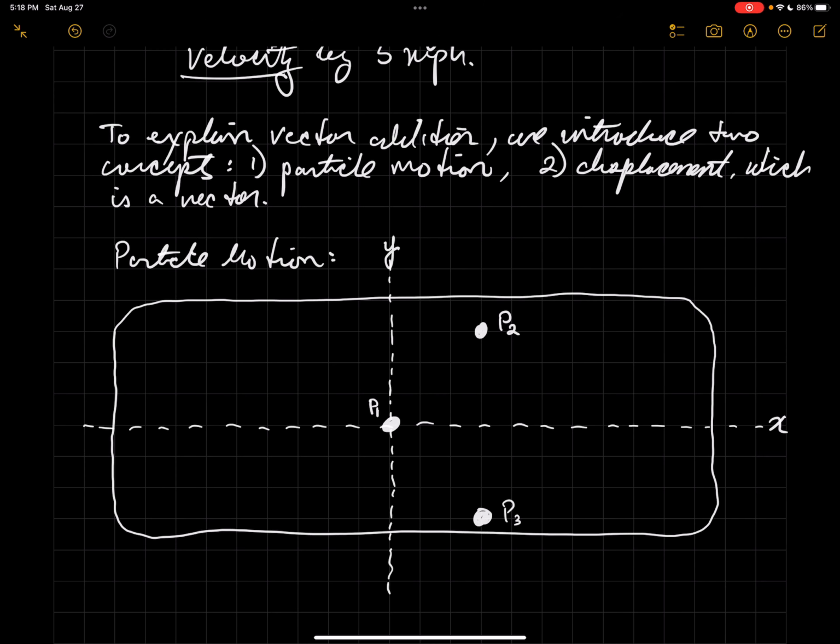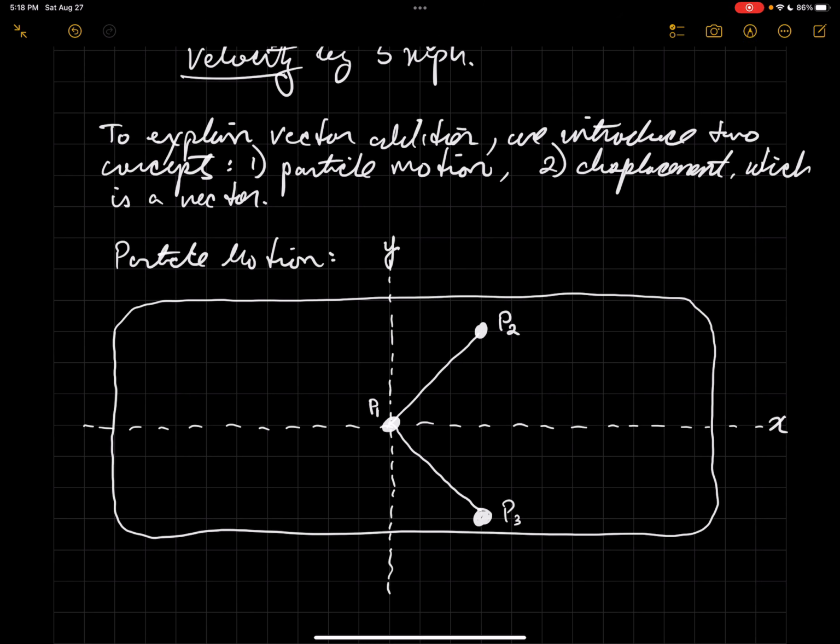So clearly, the displacement of the ball from its initial point consists of two pieces of information. There's the actual distance that the ball traveled as it went from point number 1 to point number 2, or from point number 1 to point number 3.